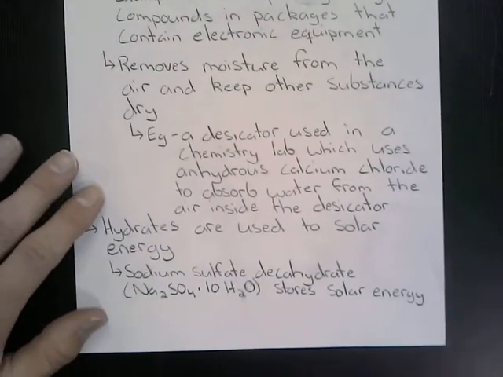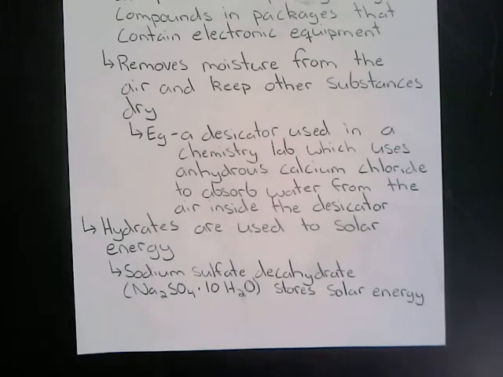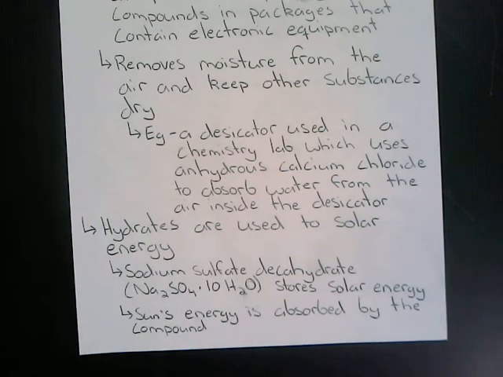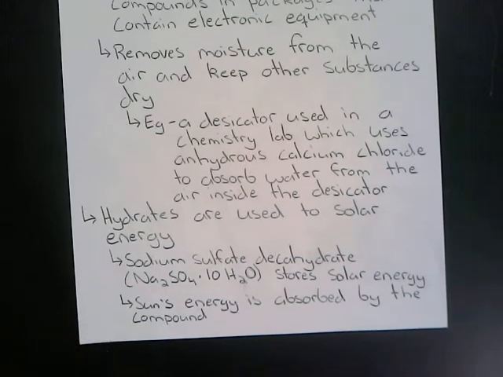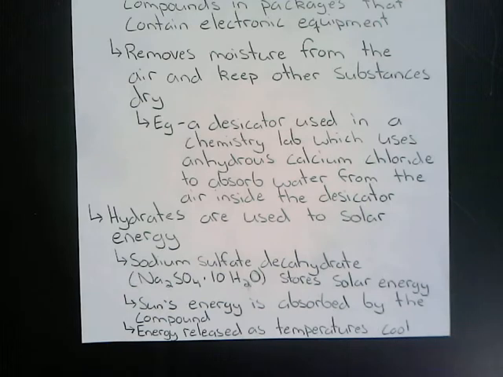How sodium sulfate decahydrate works is this: the sun's energy is absorbed by the compound, and then as the temperatures cool, the compound releases that stored energy from what the sun heated it up with. All right, so now we have some basic understanding of what a hydrate is and some of the uses that a hydrate or an anhydrous compound can do for us.